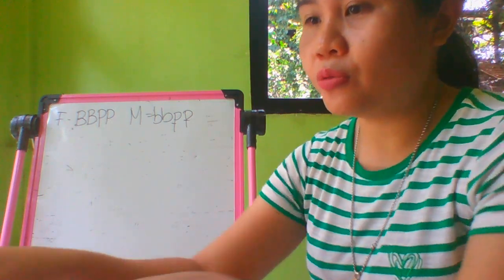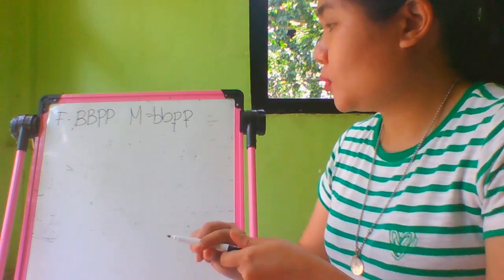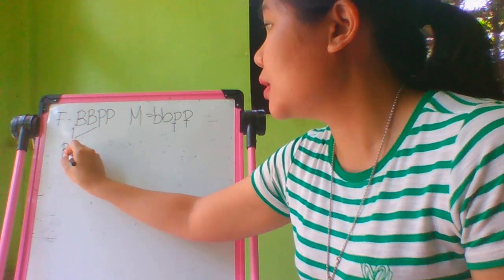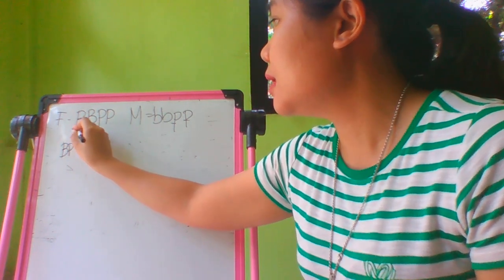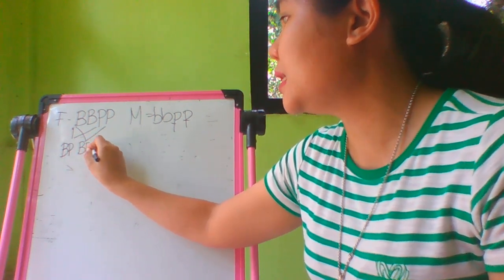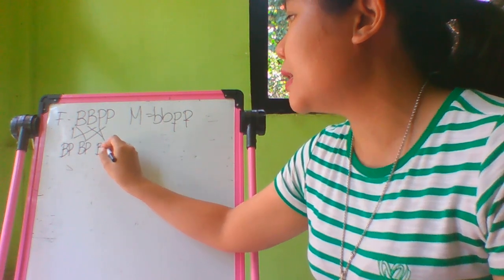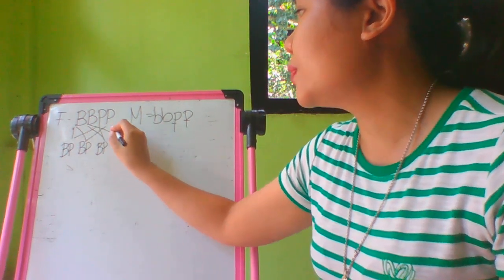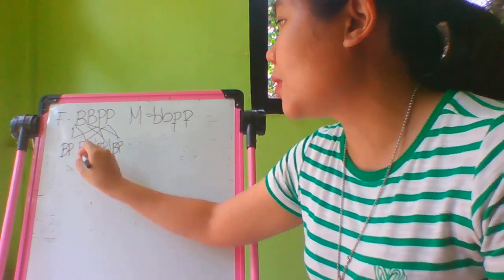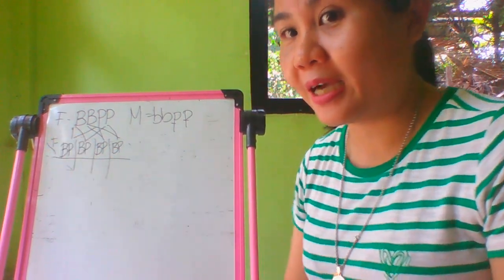So I'm going to use this one and this one, small letter b and p. And then this one and this one, we also have b and p. This one and this one, we have b and p. And then this one and this one, we also have b and p. So these are the ones featured on your Punnett square for the female line.